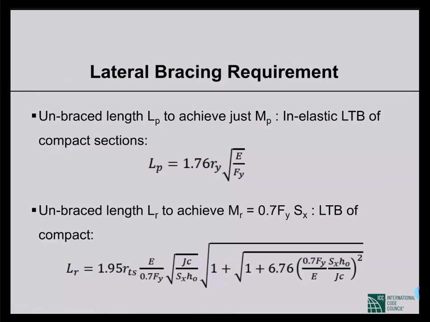If we want to keep the unbraced length within limits to avoid elastic lateral torsional buckling, these limits, LP and LR, will guide us on what the unbraced length should be. So we can identify where we have to put bracing to brace sections.